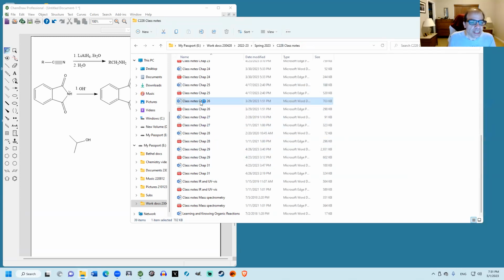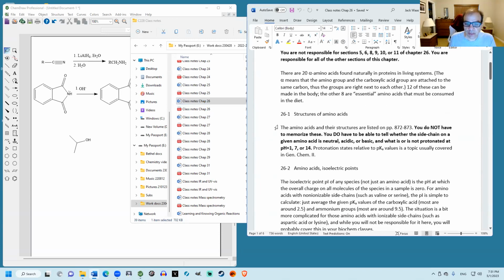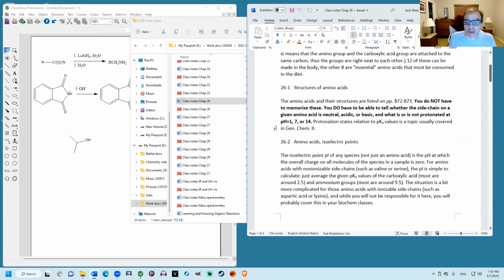Chapter 26, I think, was polypeptides. Yes, the main thing we focused on here was drawing a small polypeptide, say 2 or 3 amino acid residues. And also the effect of pH on the structure of these things.